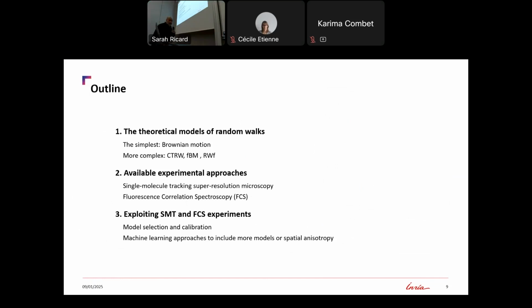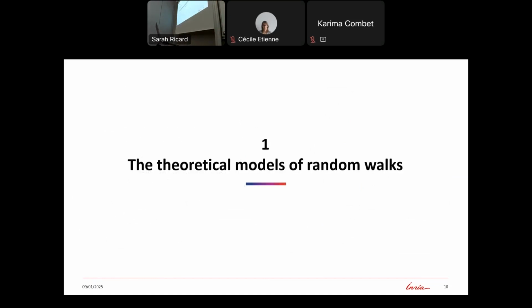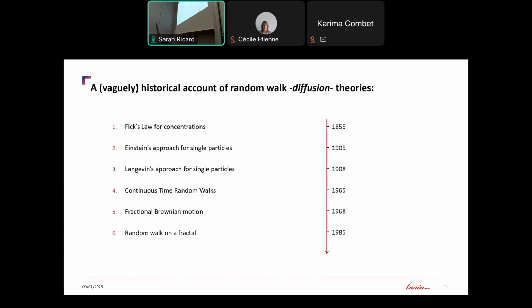Okay, so a bit of theory now. So how can we model and say something theoretically about these random walks? As always, I really like to have some kind of historical overview.